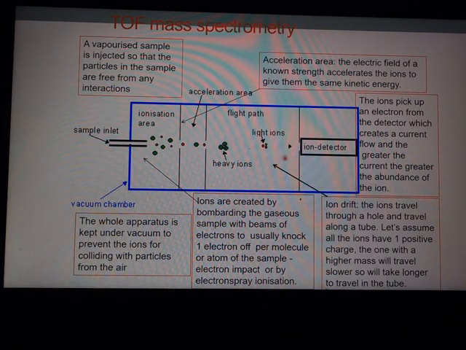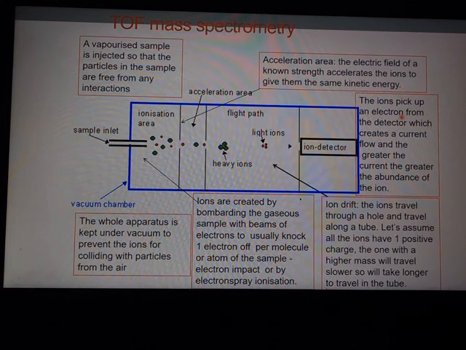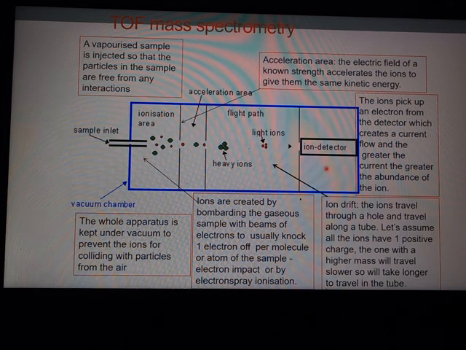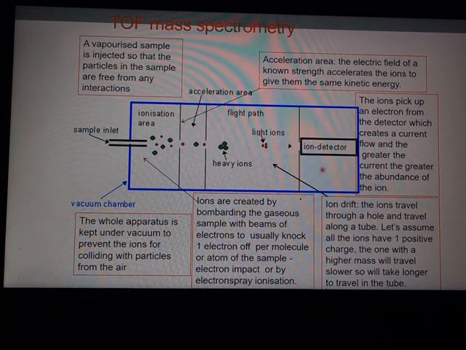So how are the ions detected? Well, the ions pick up an electron from the detector, and that creates a flow of electrons, and that's a flow of electrons in electrical current. So the greater the flow of electrons, the greater the current, the greater the abundance of that ion. And its mass to charge ratio is determined by the time that it has taken to travel.